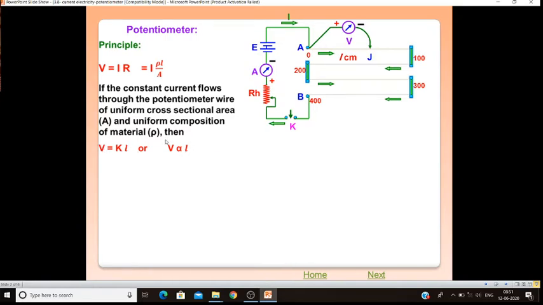It is the principle. So in one sentence we can say its principle is voltage drop is directly proportional to the length of the wire.